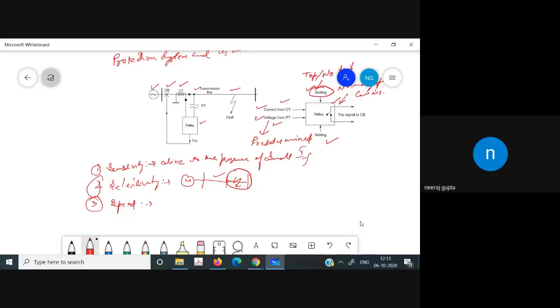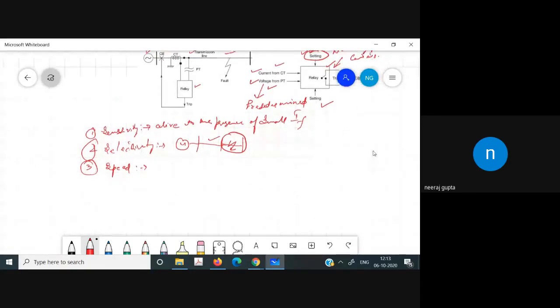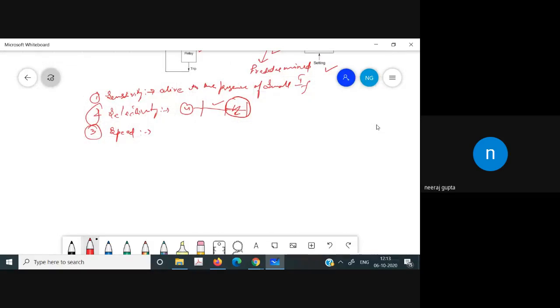One point in the protective system is that the longer the fault lasts, the greater the damage to the system, and the higher the possibility of the system losing stability. So the speed must be very high.